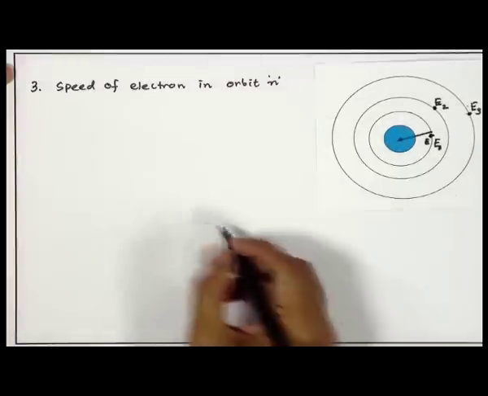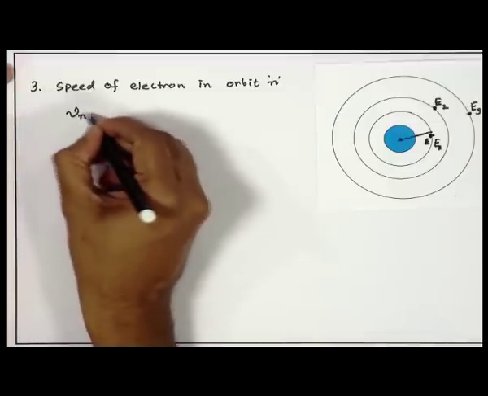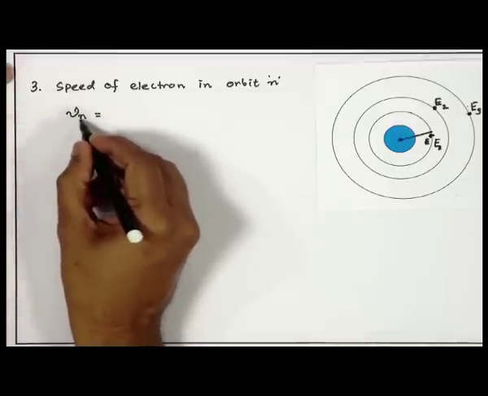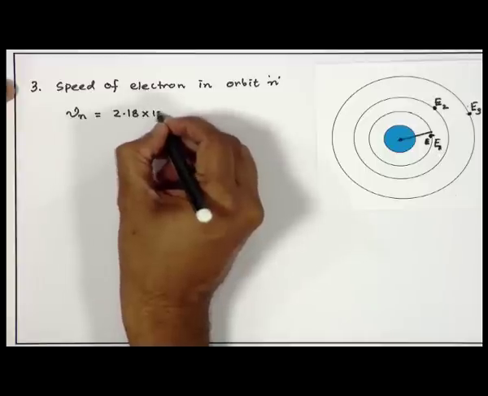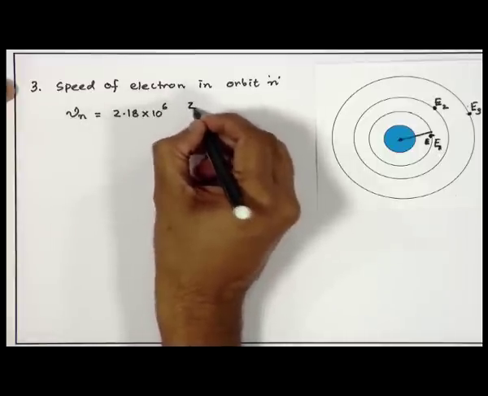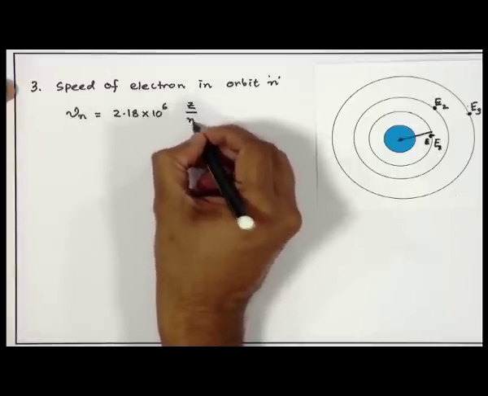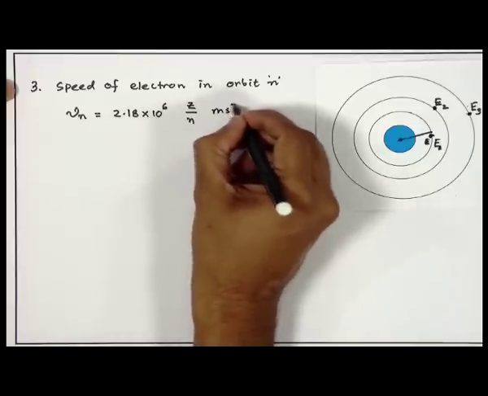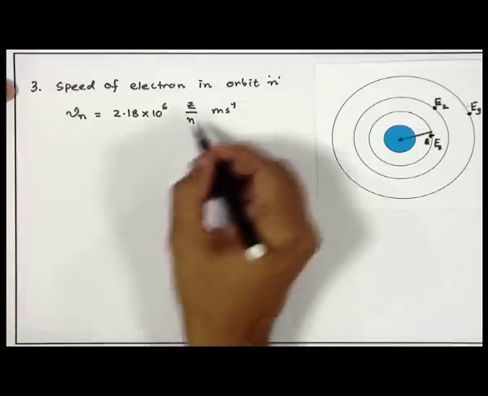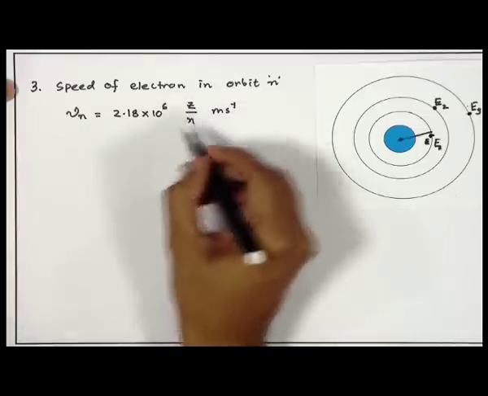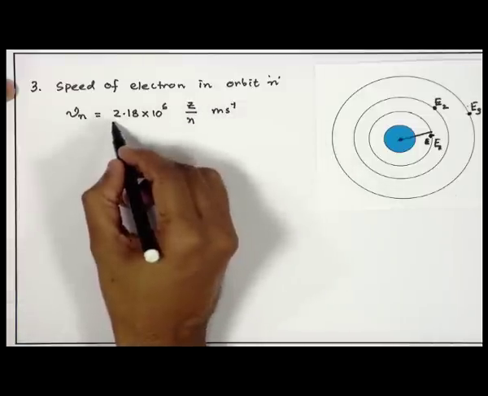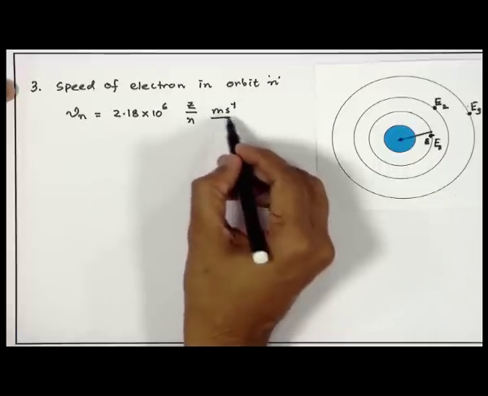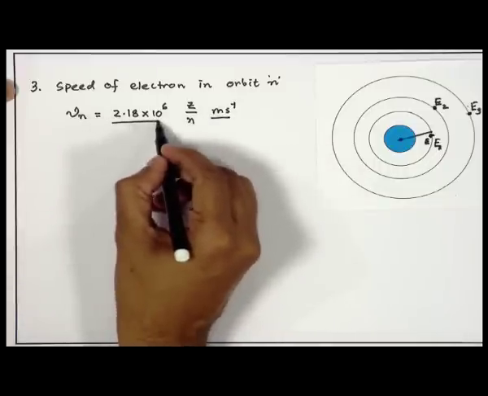This expression is given as V n, that the speed of the electron in the orbit n is 2.18 into 10 to the power 6 Z divided by n meter per second. Again, Z is a number, n is a number. So, they do not have any unit. So, the unit that we see here, meter per second, is coming from this term.